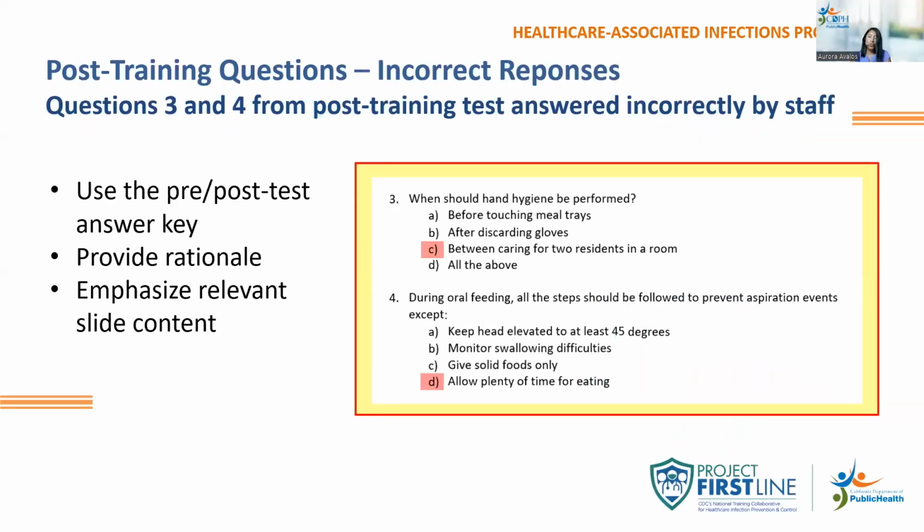In question 4, we ask staff what steps should be followed during oral feeding to prevent aspiration events and to identify the step that does not apply. The step that does not apply is C, which is giving solid foods only.